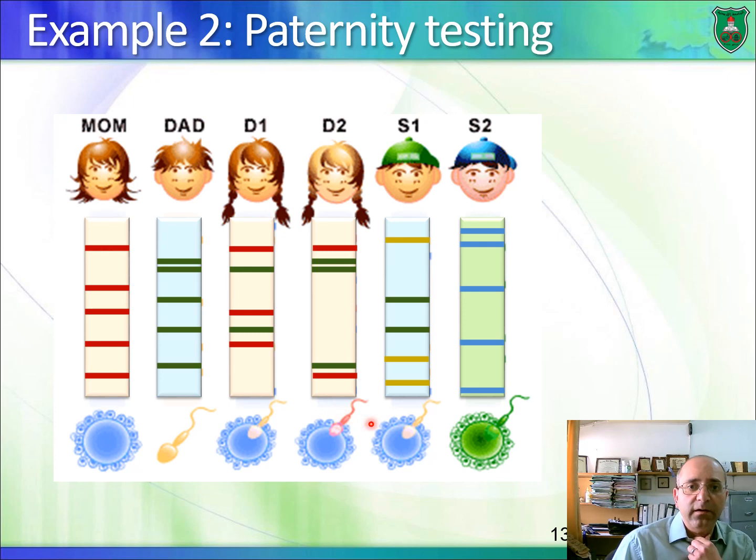So the idea here now is that we take mother's DNA, father's DNA, and children's DNA, and we add a restriction endonuclease, and the restriction endonuclease would make cuts everywhere, generating DNA fragments that are unique for each individual. That's molecular fingerprinting again.